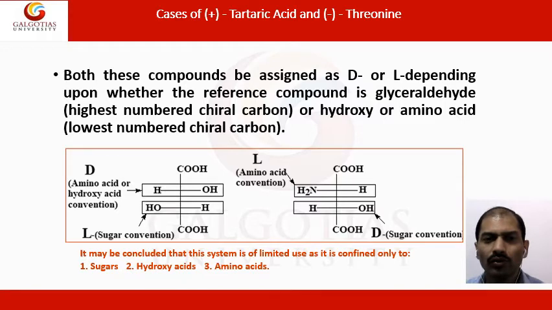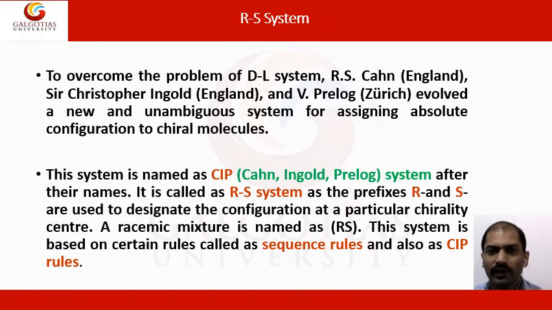Now here many more examples you can practice, by which you can designate D and L in the case of sugar molecules. Now the other important mode of convention, or nomenclature method, is RS nomenclature.